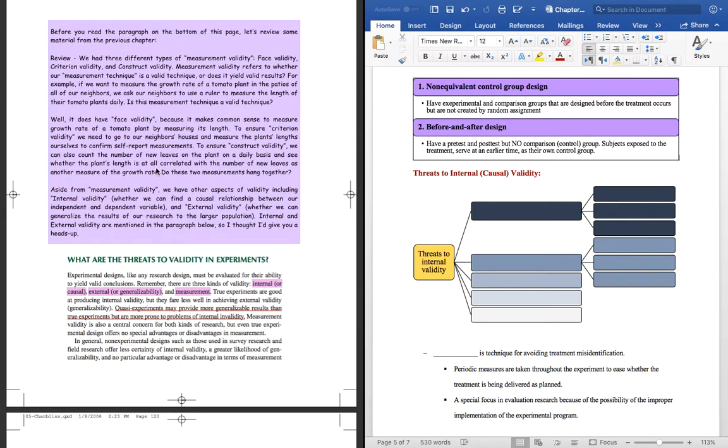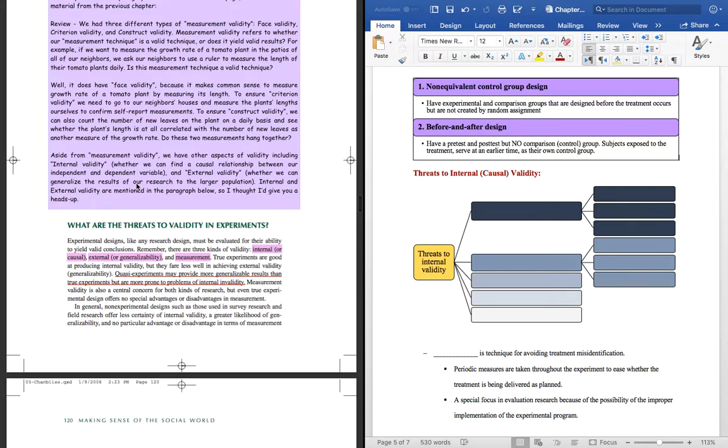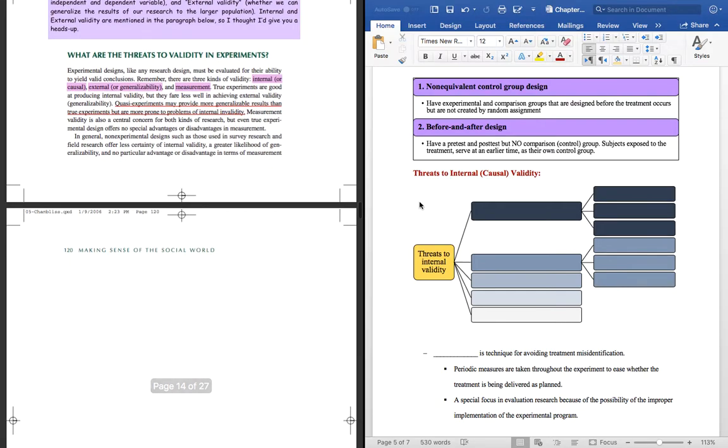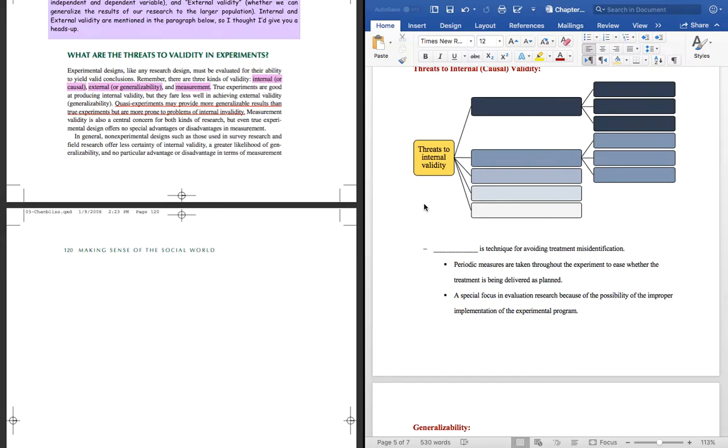In this purple box, I gave a little review of measurement validity, and here I explained how measurement validity is different from internal and external validity. The parentheses here are definitions of internal and external validity. So the next section in the article discusses the threats to validity in experiments.